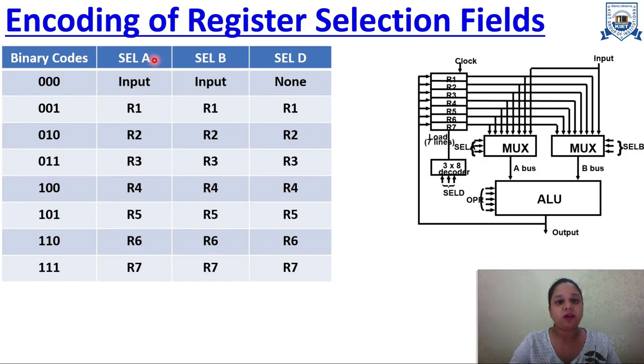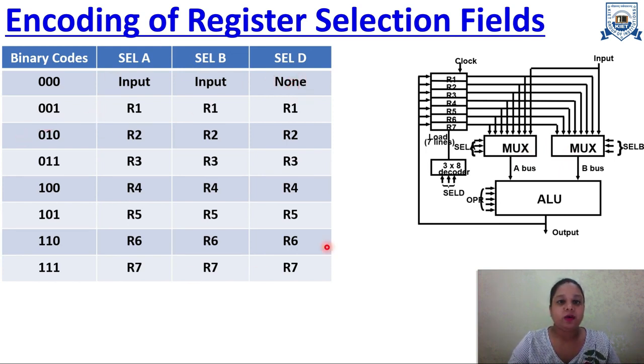So if select A is 001, then R1 is the output. Similarly for select B, and similarly for select D. And if it is 000, it will be the input for select A, the input for select B, and none for select D, because input is only applied to mux A and mux B. So select D is not related here.